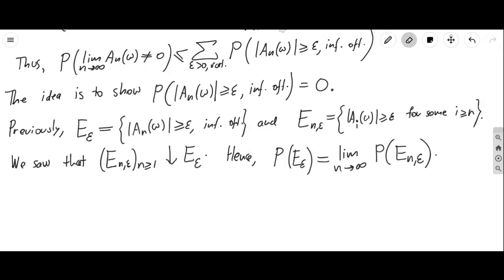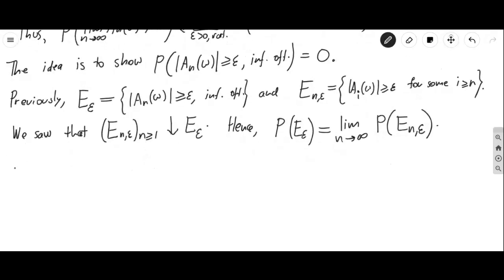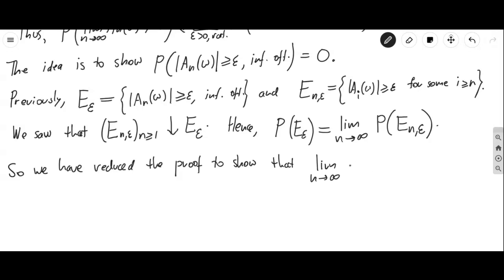And now we have to show that these have probability 0. So we have reduced the proof to show that if we take the limit as n goes to infinity of these events, that this is equal to 0.